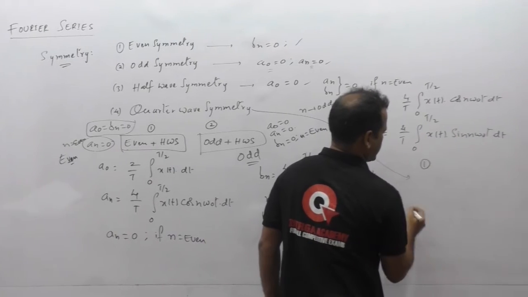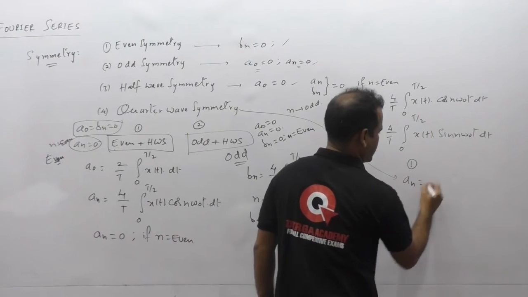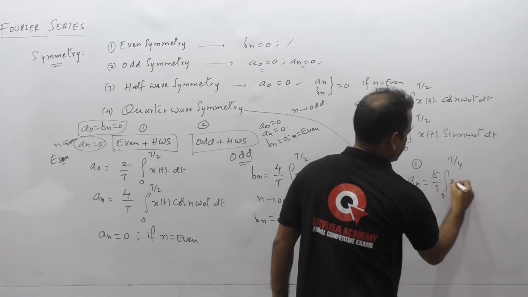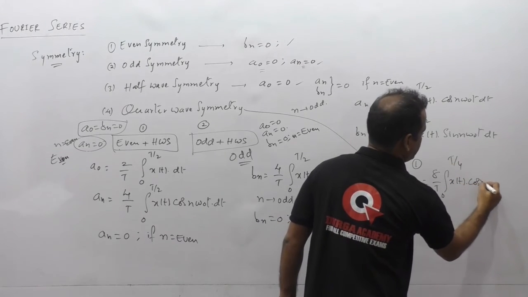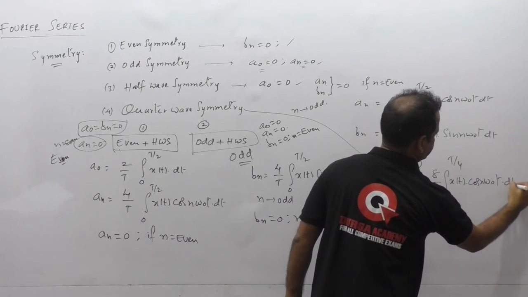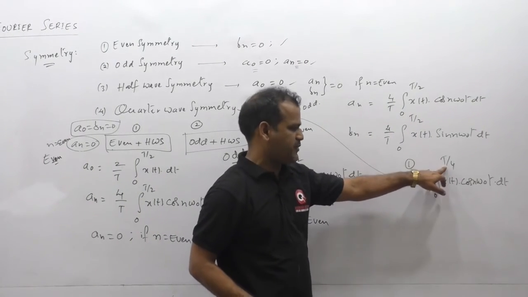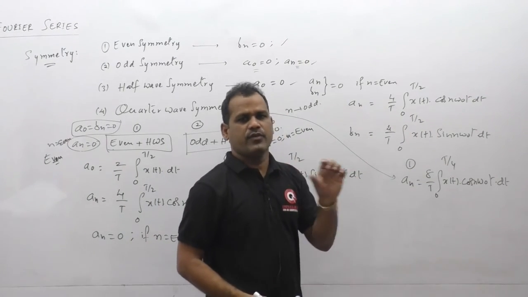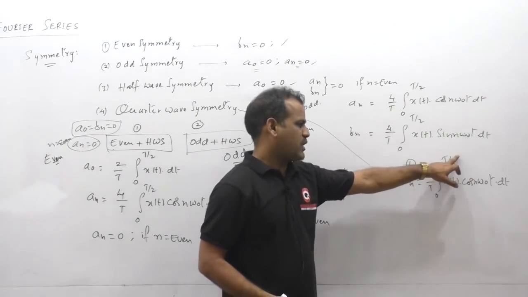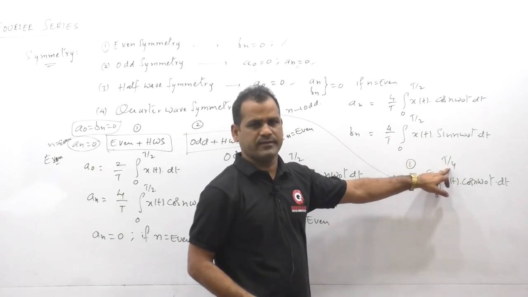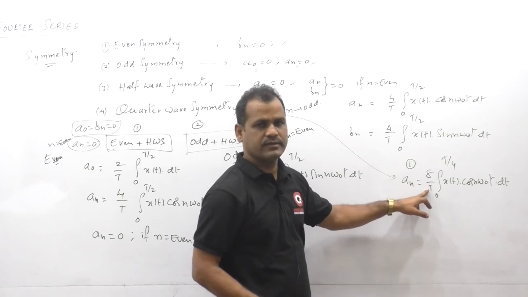So for the first case we need to take only the An coefficient, that is 8 by T integral 0 to T by 4 x of t cos n omega naught t dt. Observe here, for An value we are integrating only from 0 to T by 4, one quarter of the cycle, and that is why it is quarter wave symmetry, and we are taking 8 by T here.